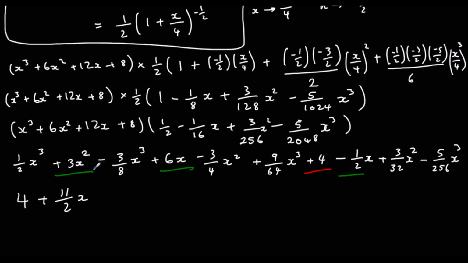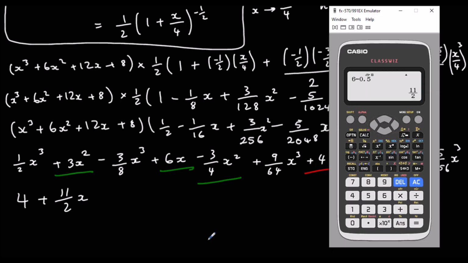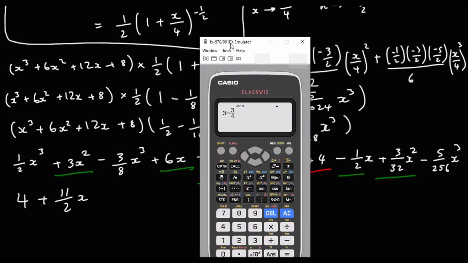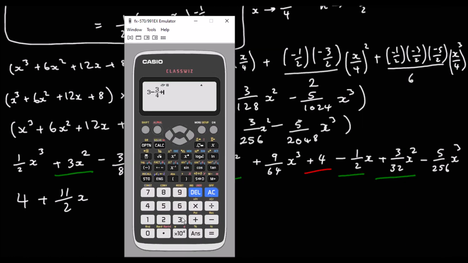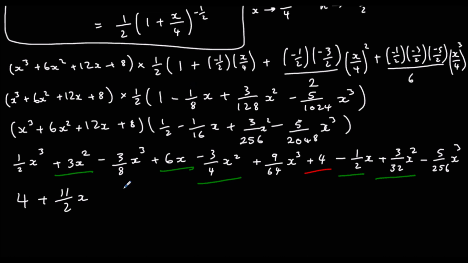X squareds, we've got 3 minus 3 quarters plus 3 over 32. So 75 over 32.